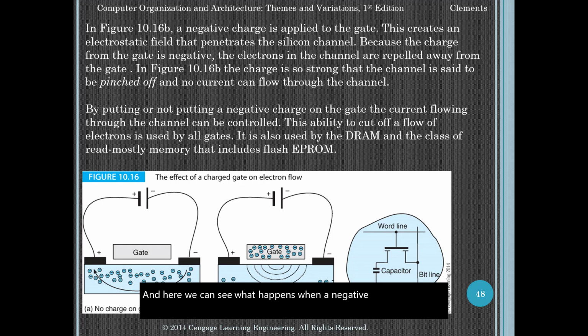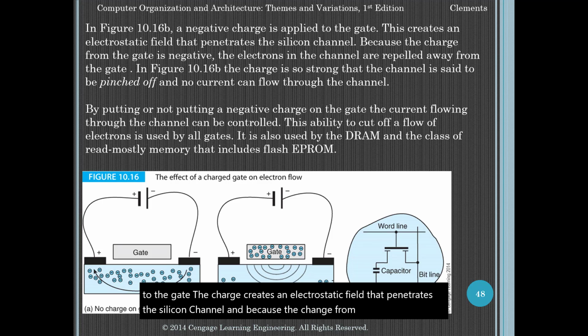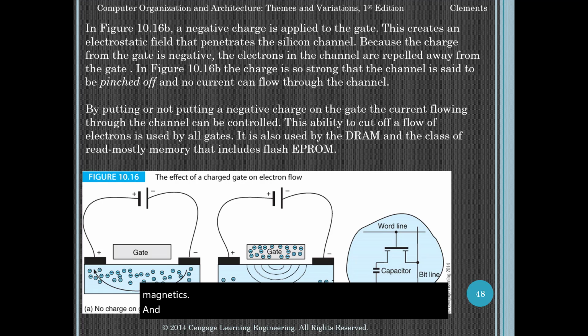The charge creates an electrostatic field that penetrates the silicon channel, and because the charge from the gate is negative, the electrons in the channel are repelled away from the gate, like charges repel and unlike charges attract, right? Just normal magnetics. And so in this figure, the charge is so strong that the channel is said to be pinched off, and there's no current that can flow through the channel.